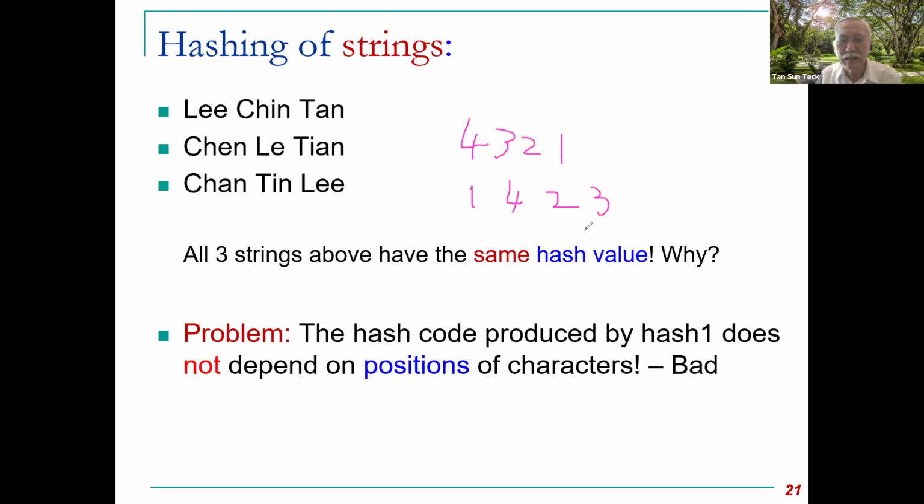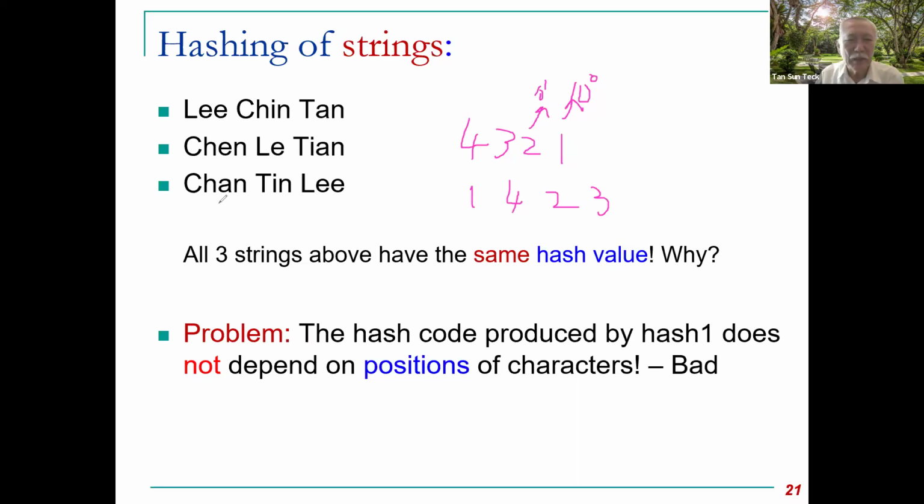Why are they different even though they have the same digits? It is because each of them has a different place value, right? This one is 10 to the power 0, this is 10 to the power 1, 10 to the power 2, and 10 to the power 3. Each one of them has a different place value, so when you calculate them, it will produce a different result.